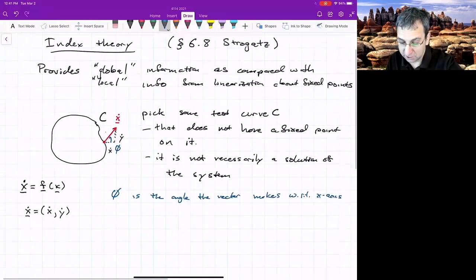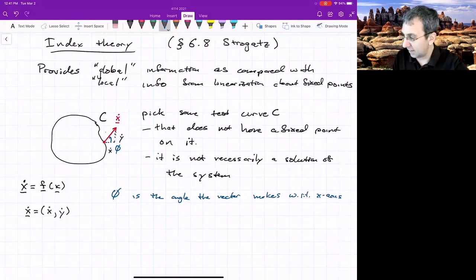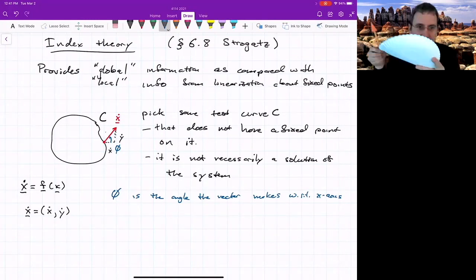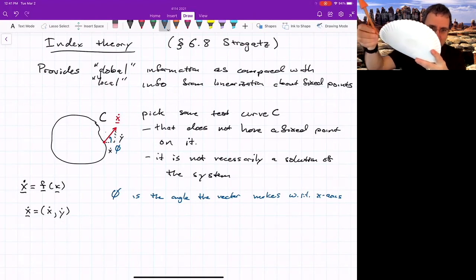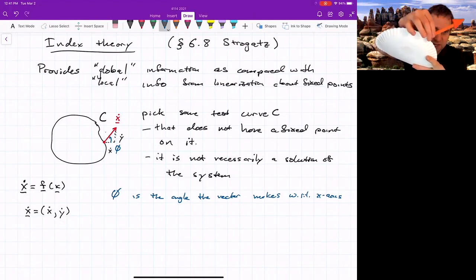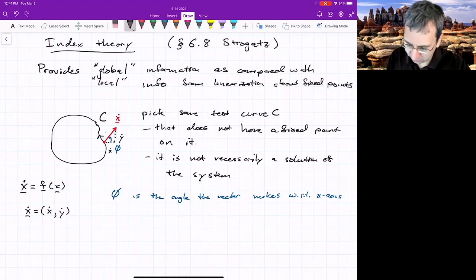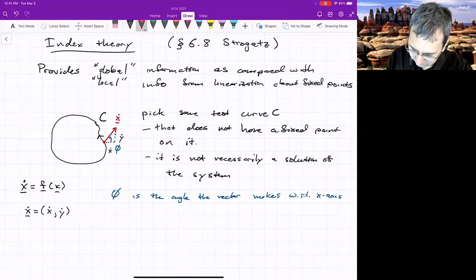The index of this curve C is that here I have a vector, and I don't have a closed curve, unfortunately. I guess I have this plate. So imagine this is the edge of a closed curve. I will look at how that vector changes as I go around my curve counterclockwise. As we move counterclockwise along the closed curve, we'll look at how this vector changes.